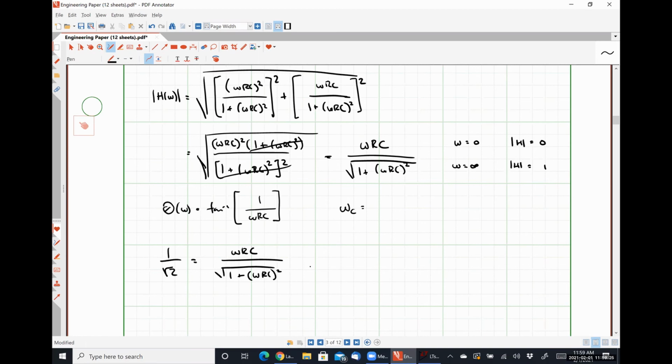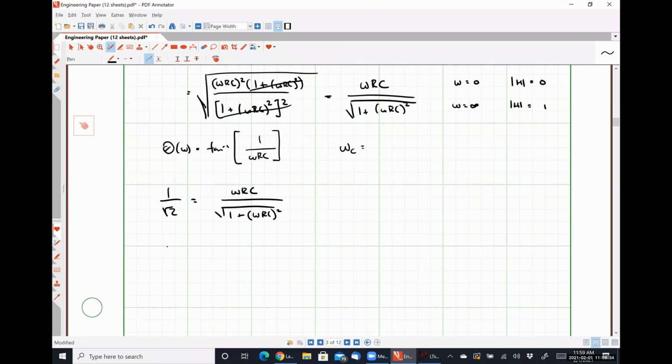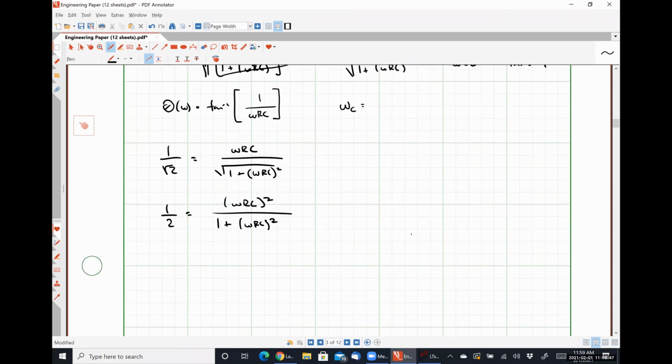Well, let's square both sides so that we'd have 1/2 is equal to (omega RC) squared over 1 plus (omega RC) squared. So we could have 1 plus (omega RC) squared is equal to twice (omega RC) squared.